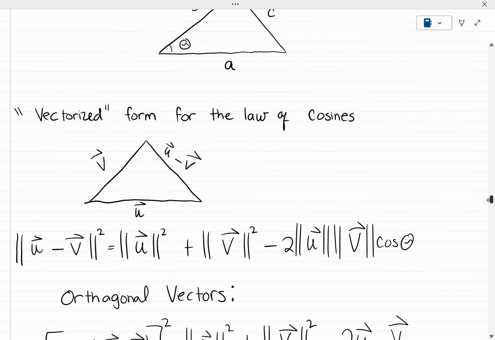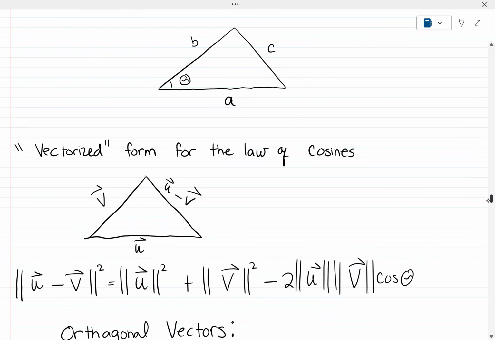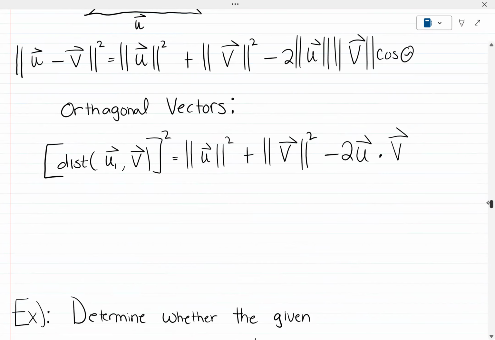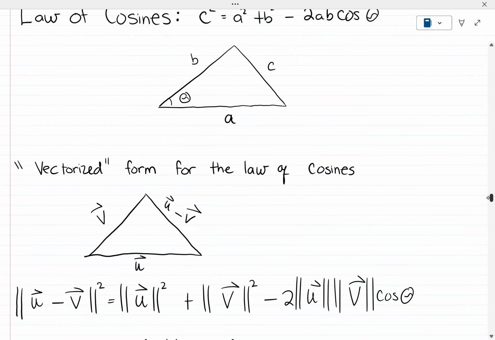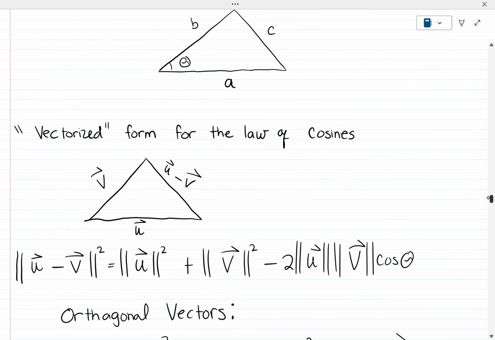The vectorized form of the law of cosines is this. Go ahead and write this down. Basically, the magnitude of u minus v squared is equal to the magnitude of u squared plus the magnitude of v squared minus 2 times the magnitude of u times the magnitude of v times cosine theta.